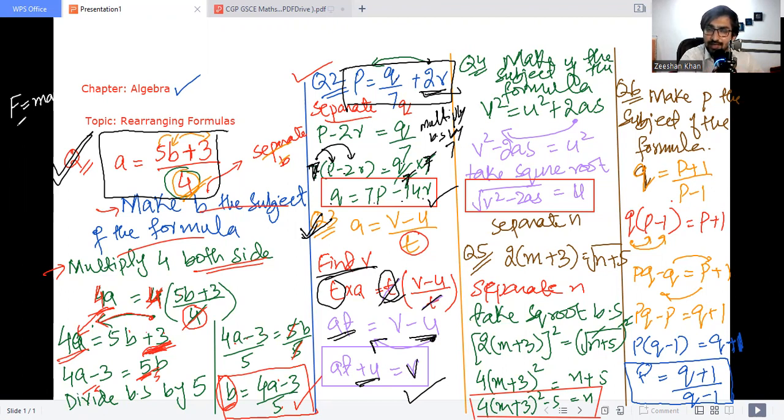So actually we are applying these methods which you are learning here. We want to remove this m. If m is in multiplication, we will divide both sides by m. So m will cancel out. So f by m is equal to a.